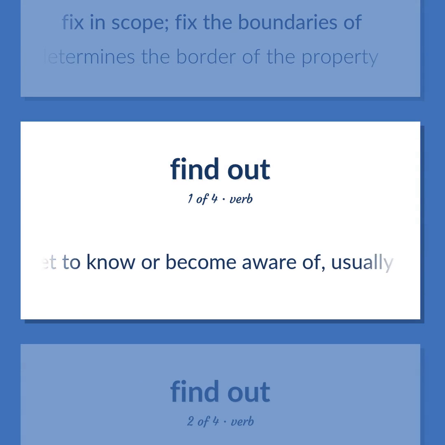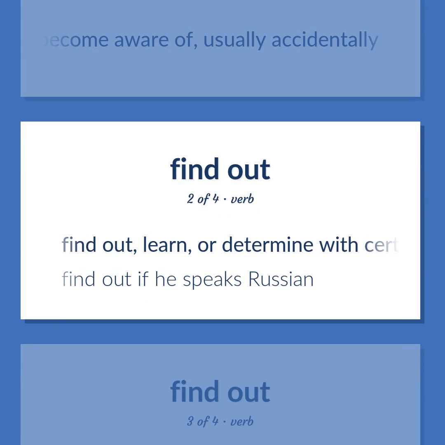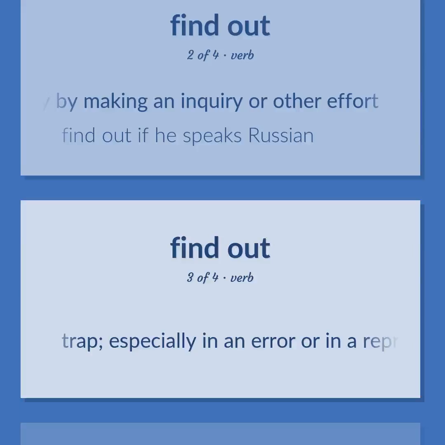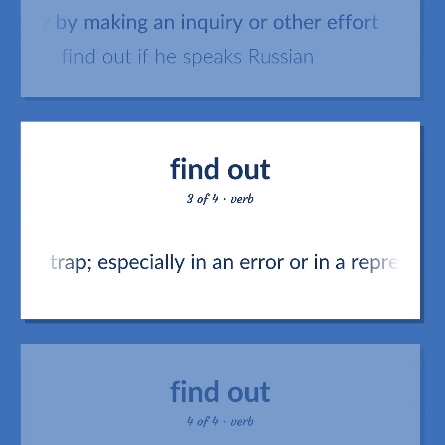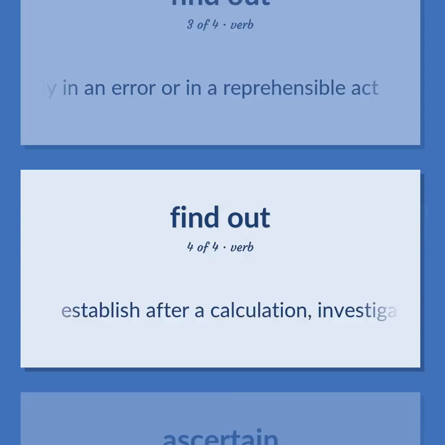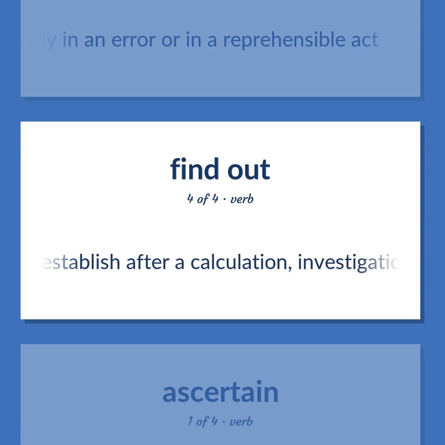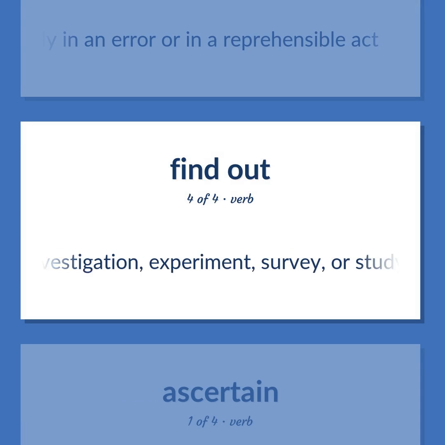Get to know or become aware of, usually accidentally. Find out, learn, or determine with certainty, usually by making an inquiry or other effort. Find out if he speaks Russian. Trap. Especially in an error or in a reprehensible act. Establish after a calculation, investigation, experiment, survey, or study.